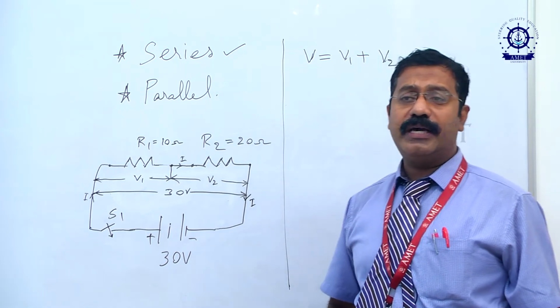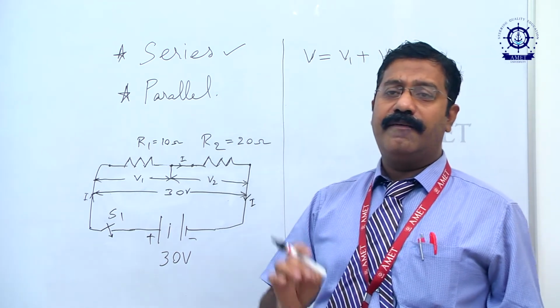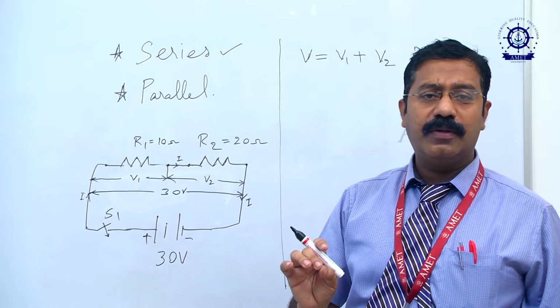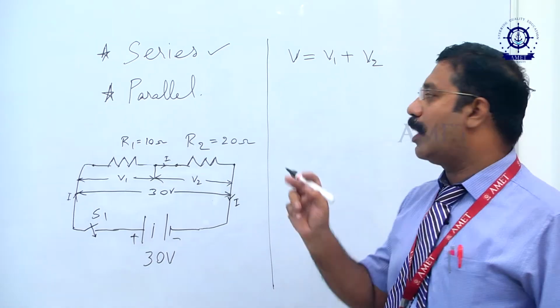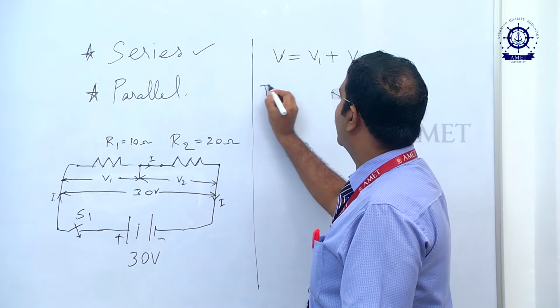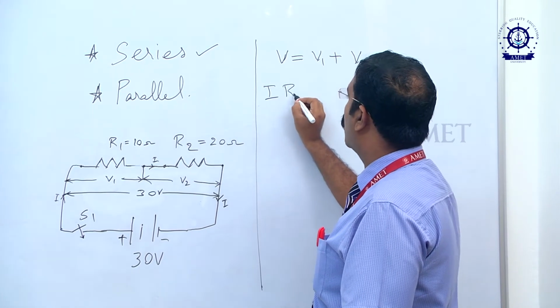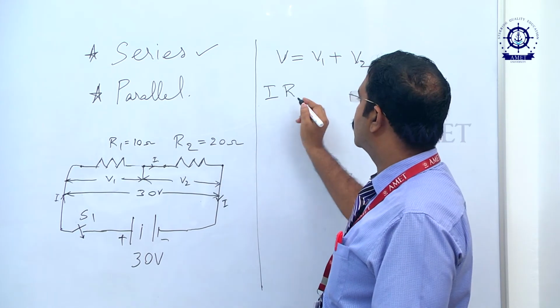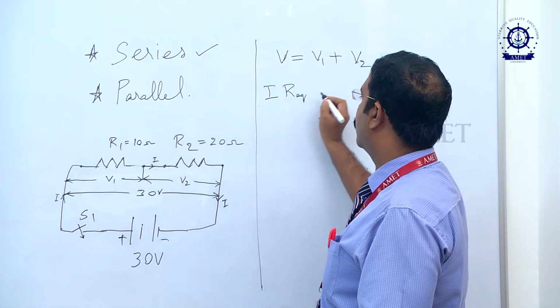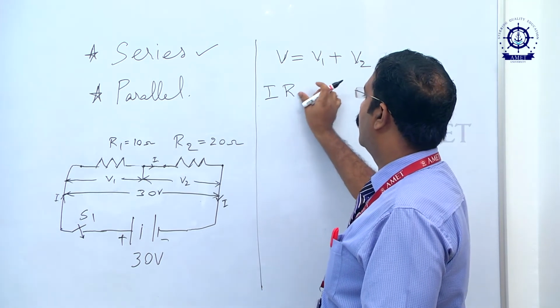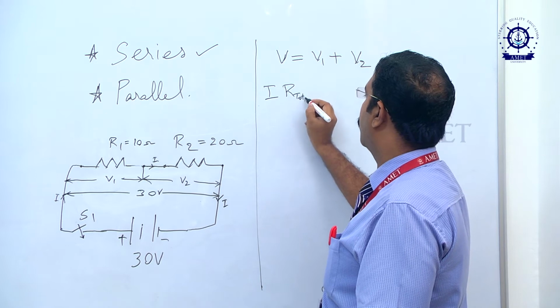According to Ohm's law, we know that V is equal to I into R. Therefore, I can write it as I into R total, the total resistance, R equivalent or R total.